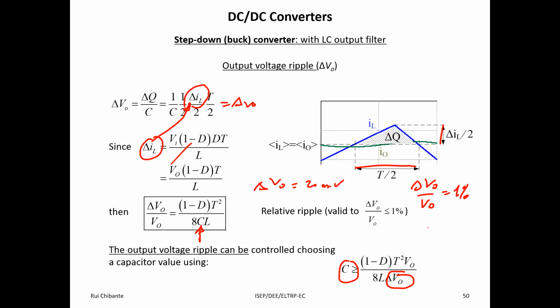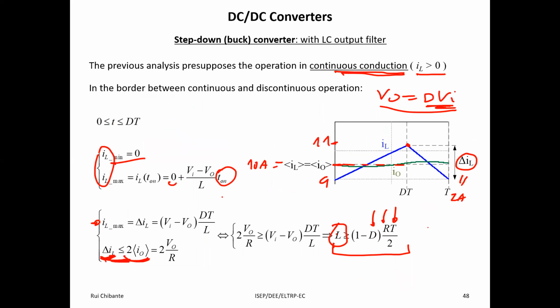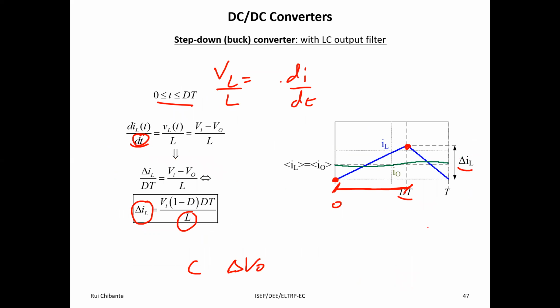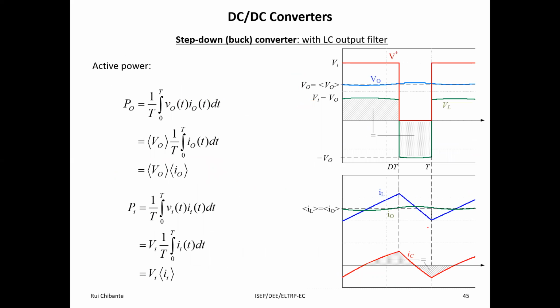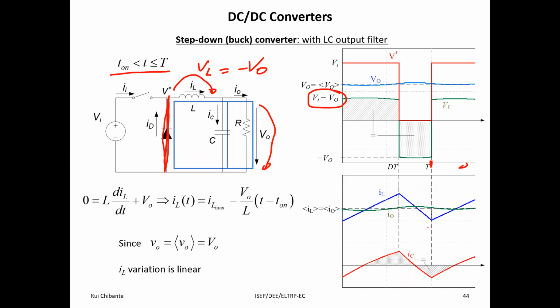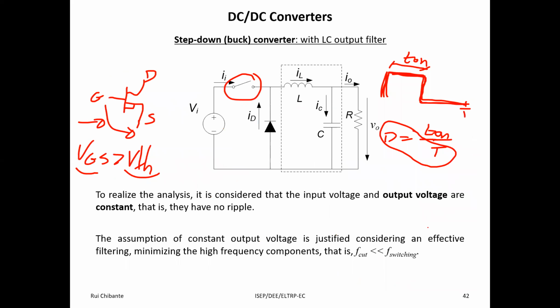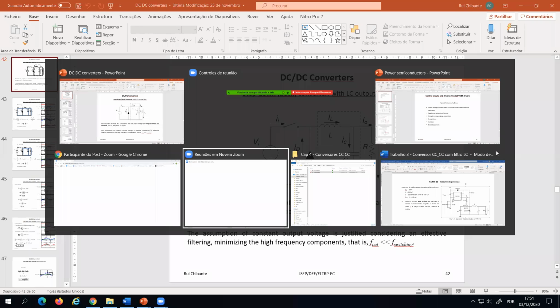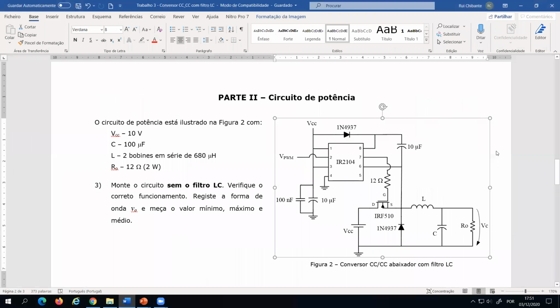So in terms of analysis of this converter, we are done. This is the converter that I told you about in the last class, that you are going to study and implement in laboratory work number 3. So it is this circuit here.